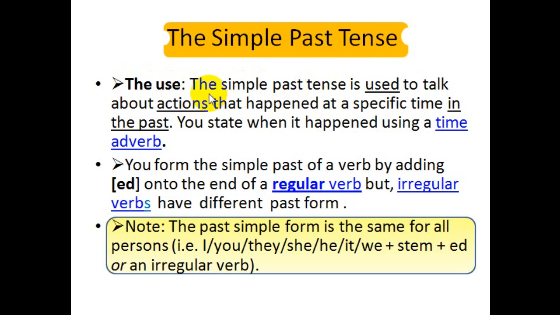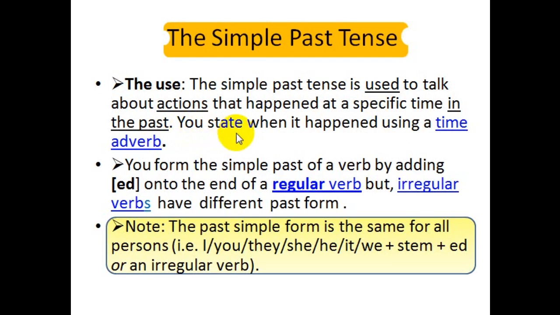So the simple past tense is used to talk about actions, حوادث ولا أفعال, that happened at a specific time in the past, حدثت في نقاط معينة في الزمن الماضي.